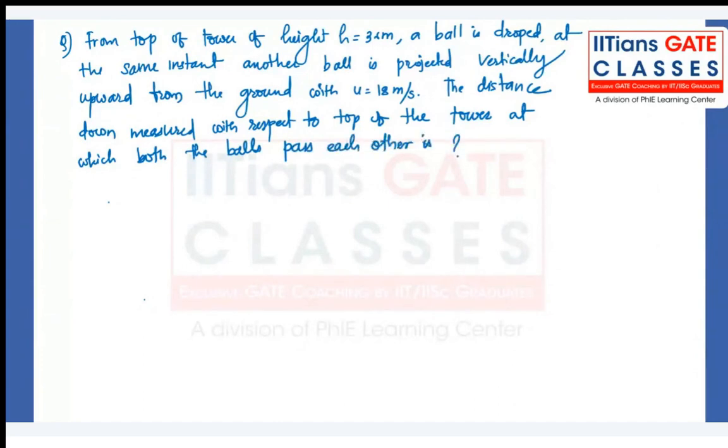So I hope you understood the question. Let me explain it once again. So we have a tower of height 36 meters, and from this height we are dropping a ball down. At the same instant from the ground we are tossing a ball upwards. At a certain point, we don't know where, they'll cross each other.